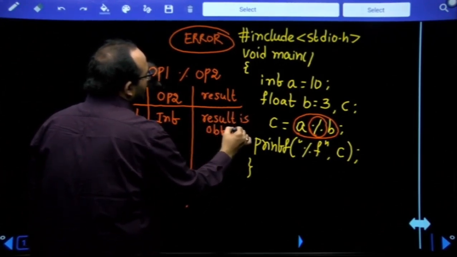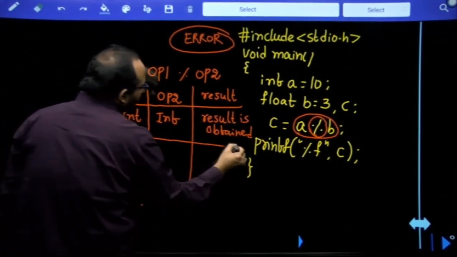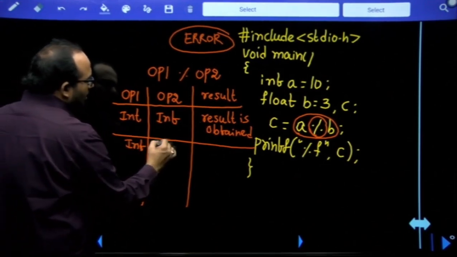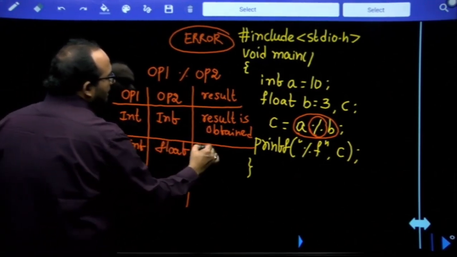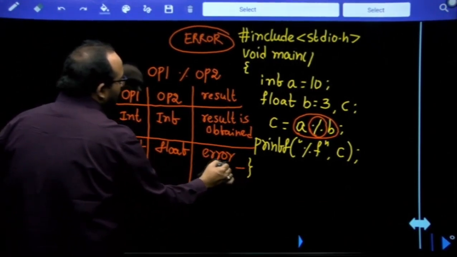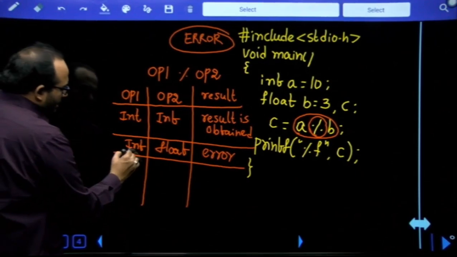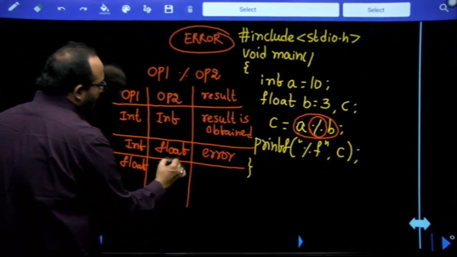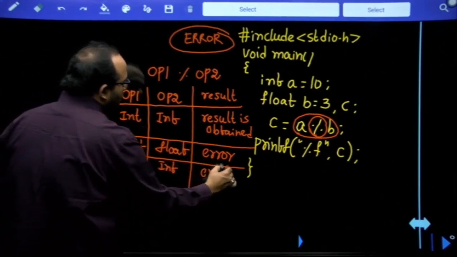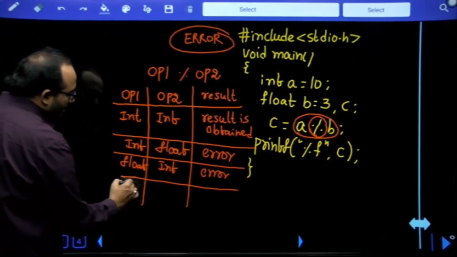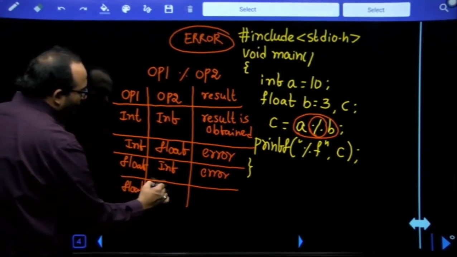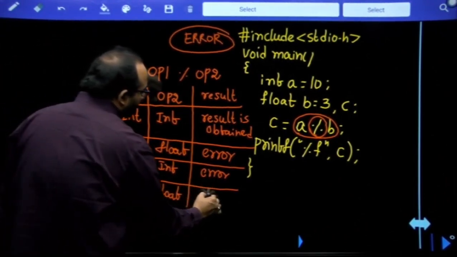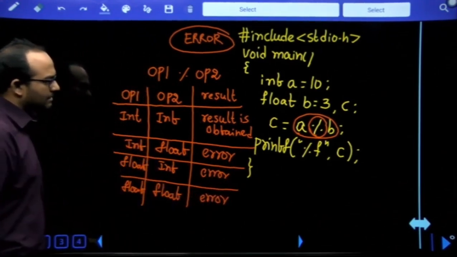But if you look at the other cases, like operand 1 is integer and operand 2 is floating point type, in that case it is going to produce an error. If operand 1 is floating point type and operand 2 is integer data type, in that case also it is going to produce an error. If both operands are floating point type, in that case also it is going to produce an error.